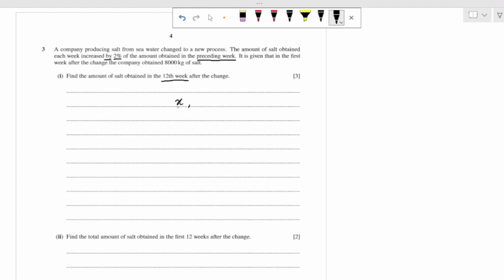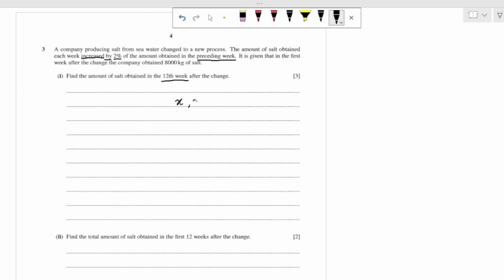We first find 2% of x. 2% of x would be basically 0.02x. And that much amount is added plus the original amount of x. Why added? Because it's saying over here increased.